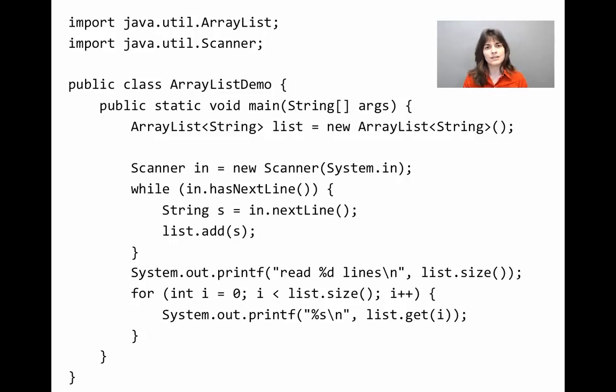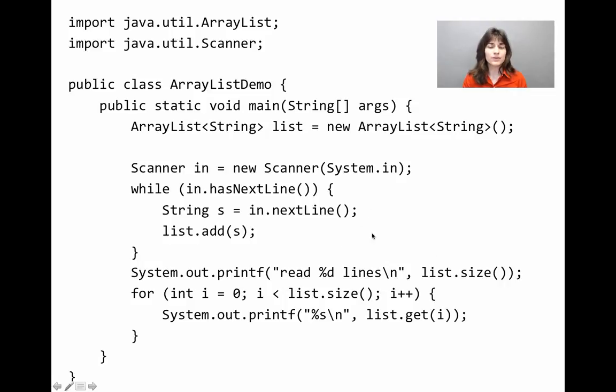And this is what happens inside the while loop. While the user inputs more lines to us, we read a whole line that the user inputs, and then we store it into the array list with list.add(s).